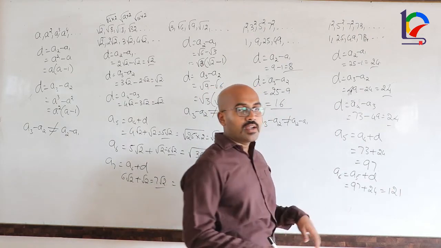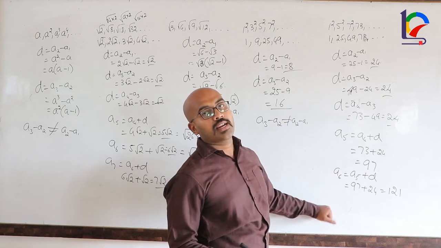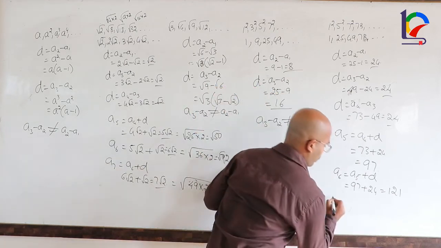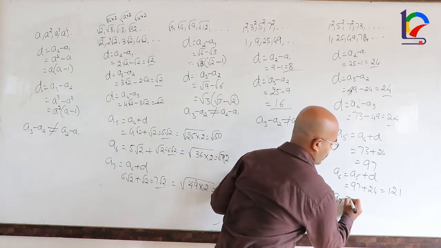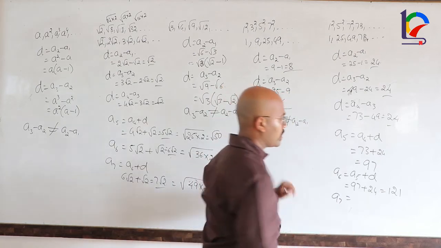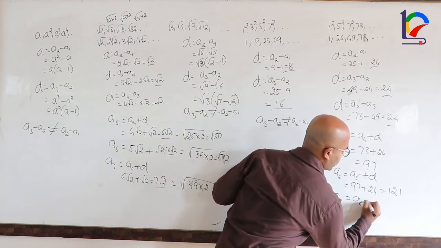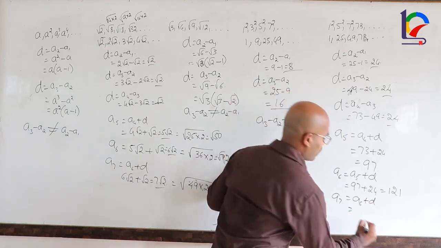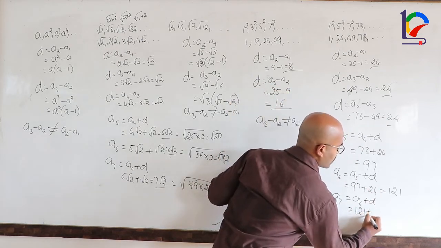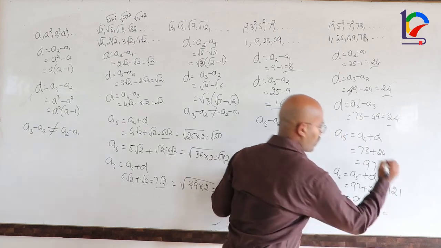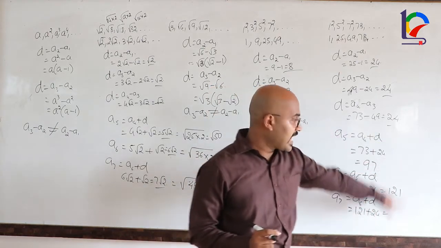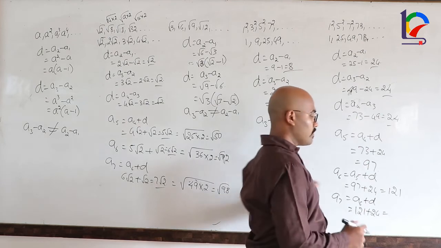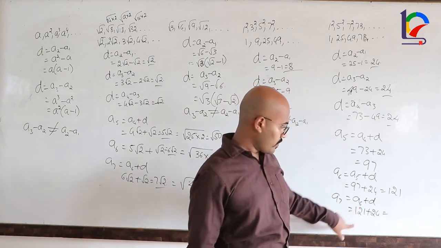So similarly, we'll see without using the actual calculation. What is a7? a6 plus d. What is a6? 121. What is d? 24. So without doing the actual calculation, how can we simplify?